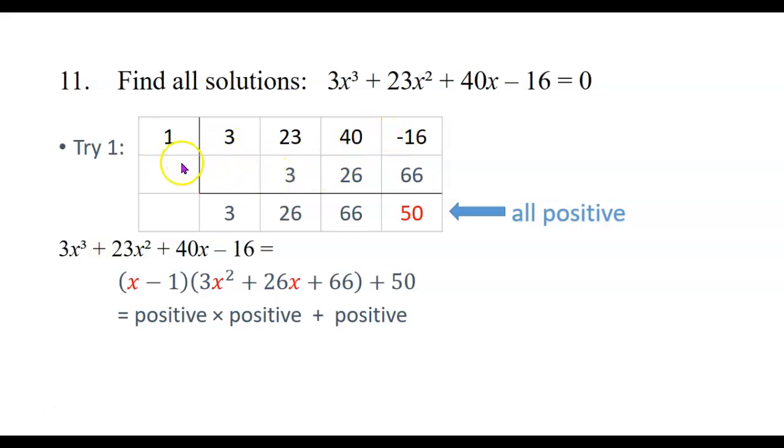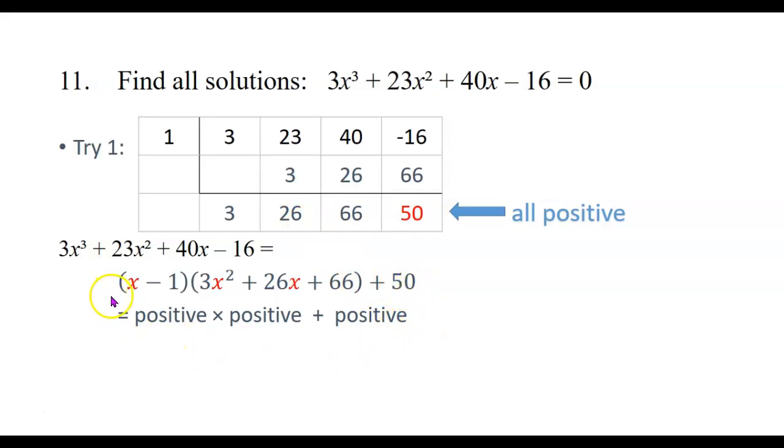Why? Well, when we divided by x minus 1 and got a quotient of 3x squared plus 26x plus 66 and a remainder of 50, that means that the big polynomial that we started with can be broken up into x minus 1, what we divided by, times 3x squared plus 26x plus 66, what we got as a quotient, plus the 50 that we got for a remainder.